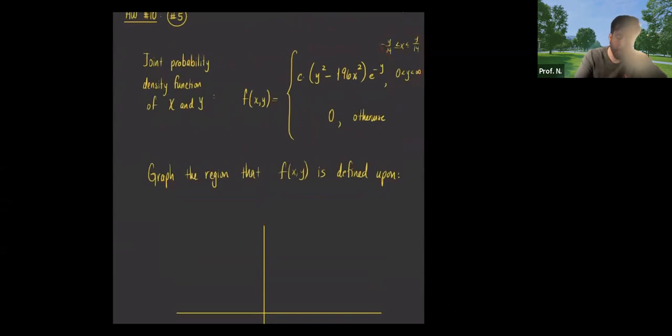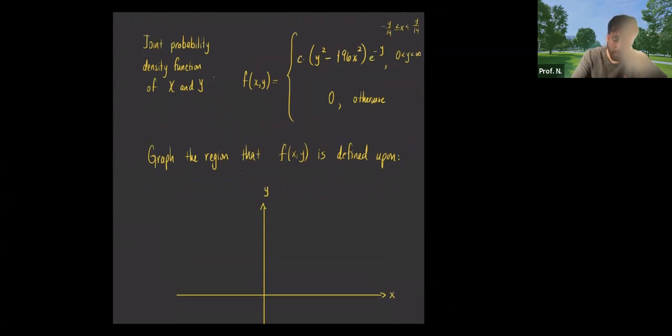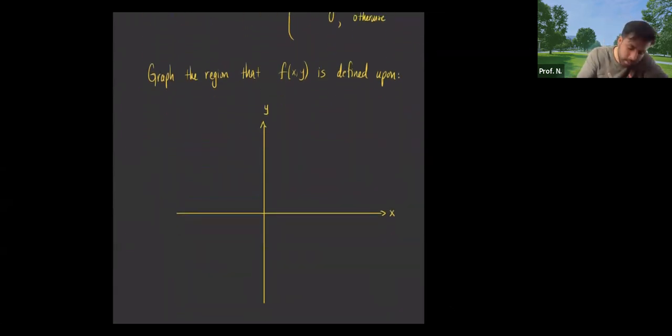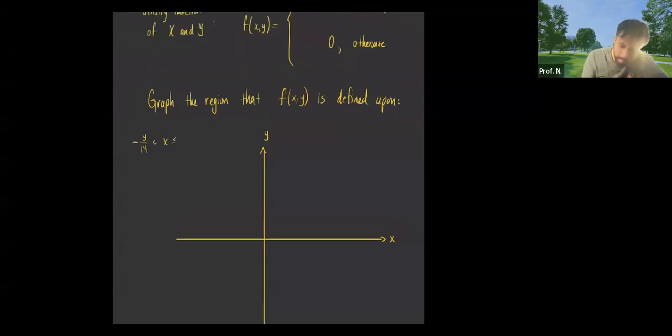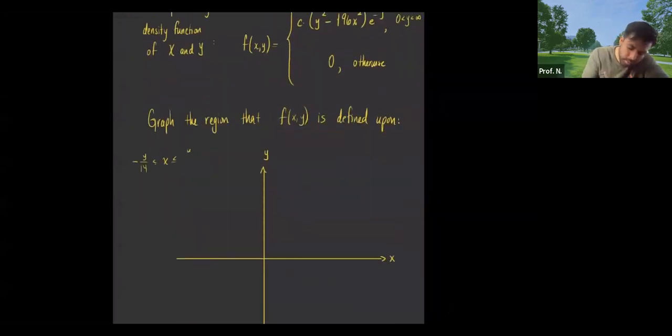Y is between 0 and infinity. So that's an easy one. And what we know is that x is between negative y over 14 and y over 14. So this is really the key. This is the key inequality.